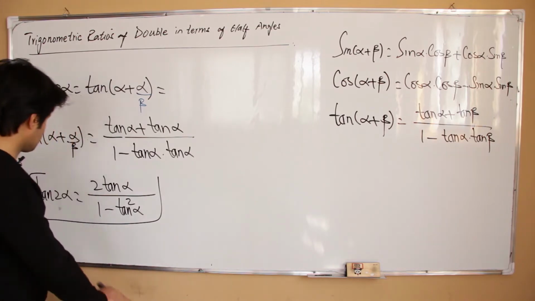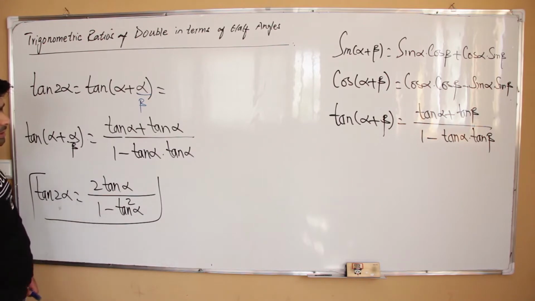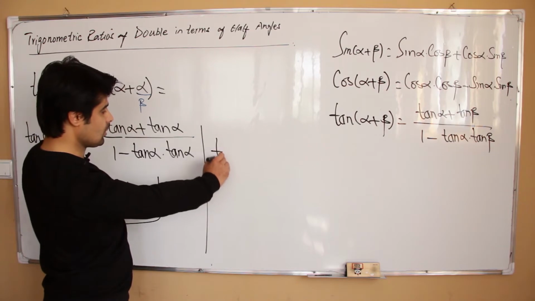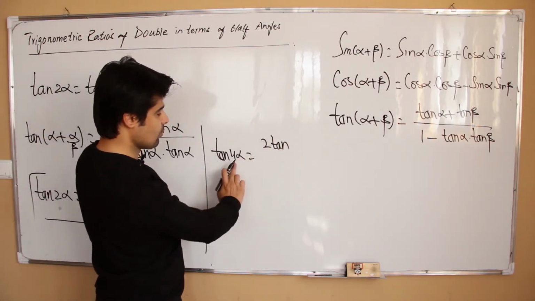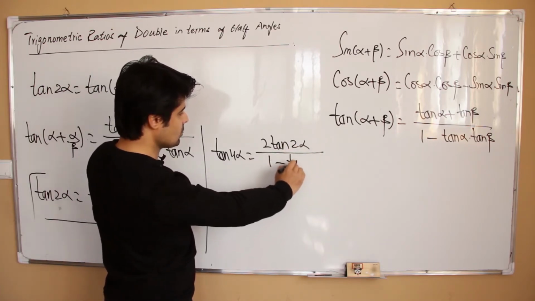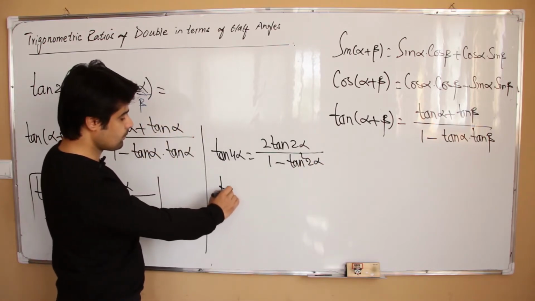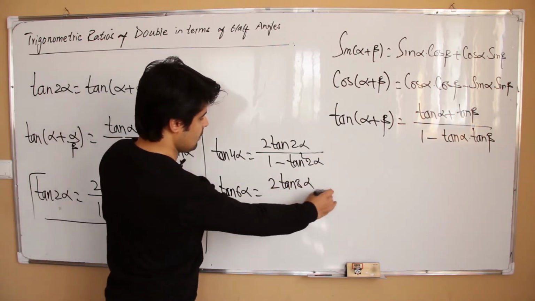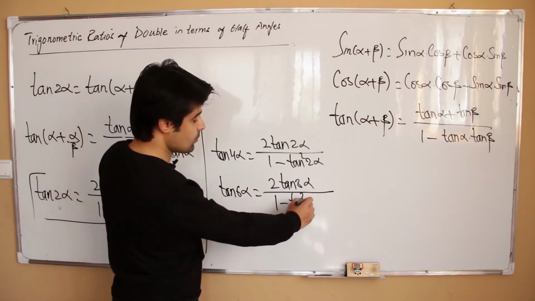How can we memorize? Tangent of 2 alpha is 2 tangent of its half divided by 1 minus tangent square of its half. I mean, if I have tangent of 4 alpha, we can say 2 tangent of its half. What's the half for 4 alpha? 2 alpha, divided by 1 minus tangent square of 2 alpha. Am I right? Tangent of 6 alpha: 2 tangent of its half, 3 alpha, divided by 1 minus tangent square of its half, 3 alpha.